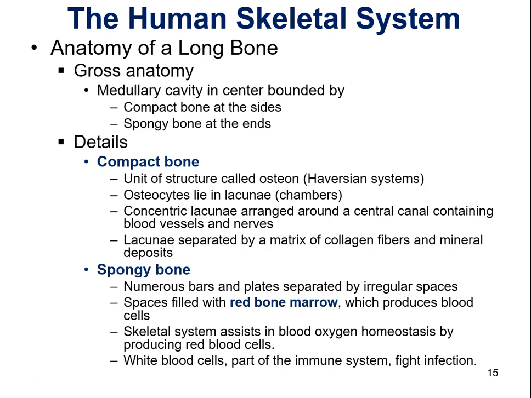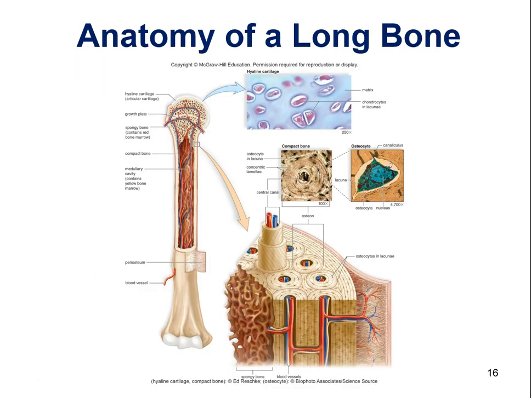White blood cells, same thing. If there are not enough blood cells being produced in this red bone marrow, you could have a deficiency in white blood cells, and that could then lead to issues with getting infections and immune system deficiencies, okay?